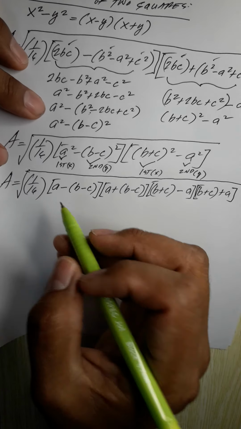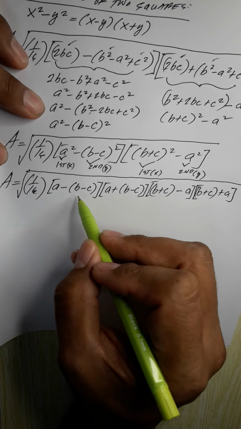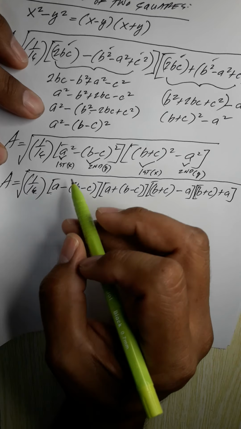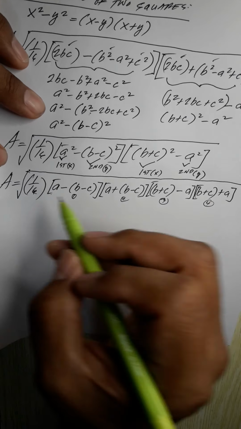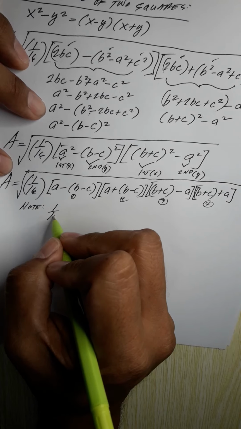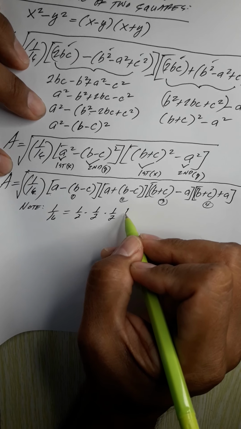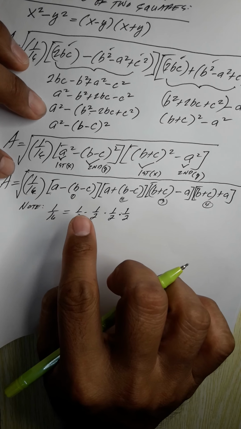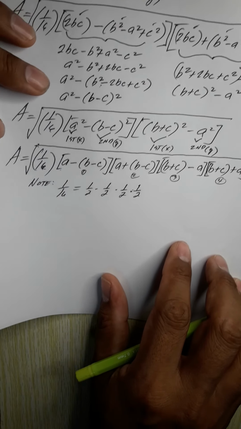Okay, so we distribute the 1/16 in each closed bracket. So this is our 1, 2, 3, 4. So we need to distribute this into 4. So note that 1/16 is equal to 1/2 times 1/2 times 1/2 times 1/2. Okay, so we can put 2 as denominator in each bracket. So we do that.